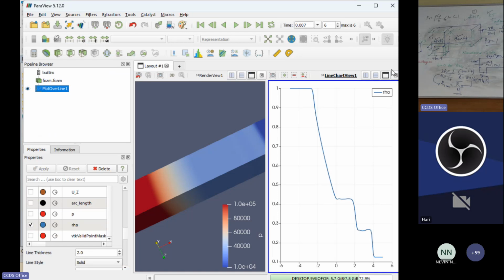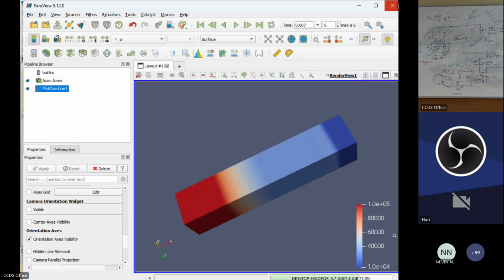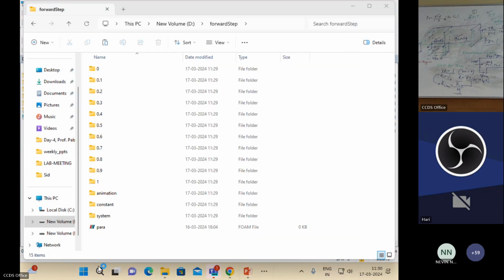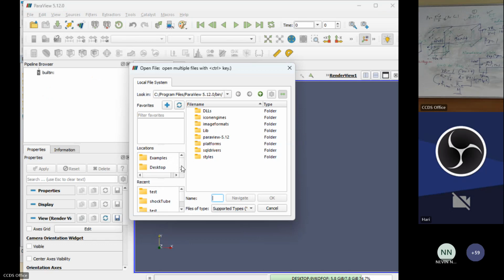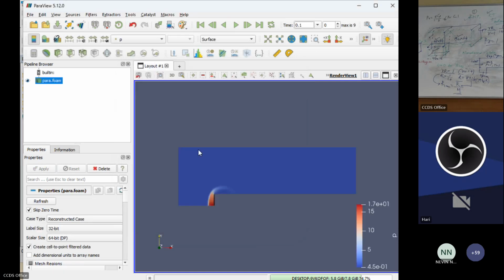Now, please open the data in ParaView like before. So this is what your data will look like.